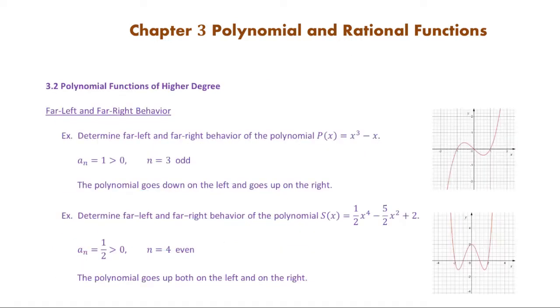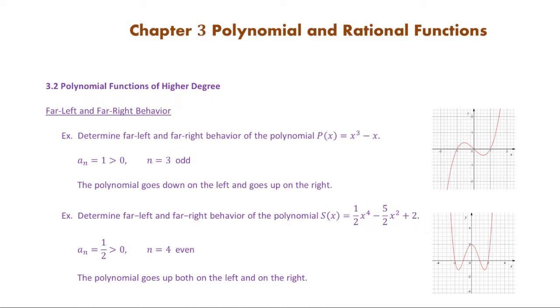Okay, so that's the first thing. So let's talk about a few examples by using these rules. So let's just determine the far left and far right behavior of the polynomial p equals x cubed minus x. So again, you just look at the highest power term x cubed, and the power n is 3, so that's odd, and the coefficient of x cubed is 1, so it's positive.